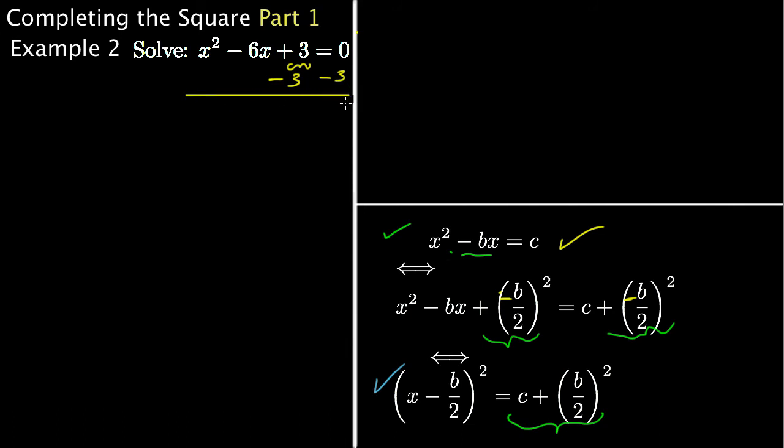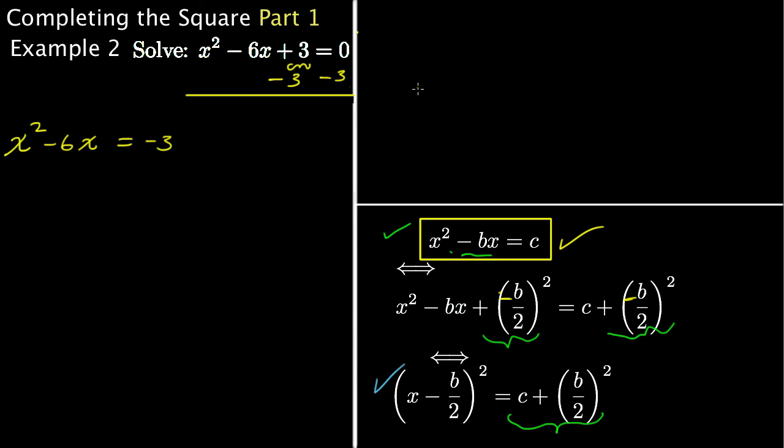Okay, and let's see that on the left side that leaves us with x squared minus 6x equals -3. So now we have an equation that looks like what we want it to, so we can go ahead and figure out this special number to add to both sides.